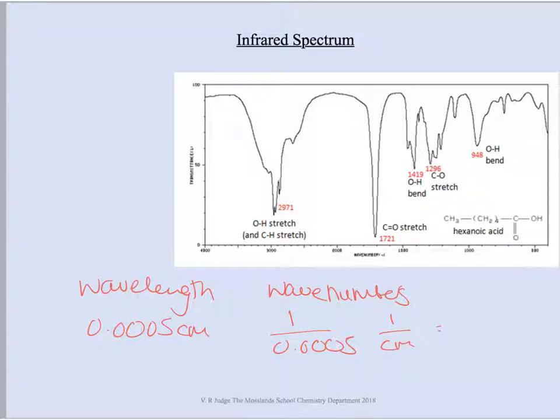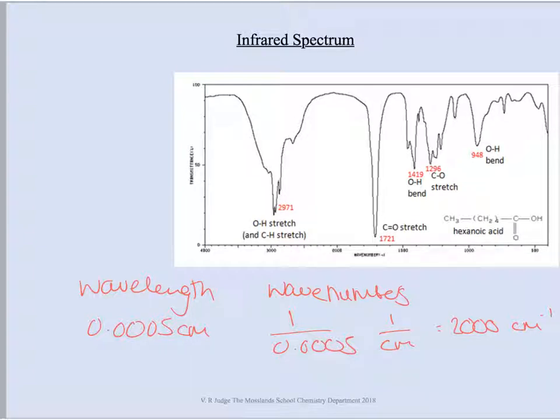So your answer would be 2000, and it would be centimetres to the -1, which is just another way of writing 1 over centimetres. So a wave of wavelength 0.0005 centimetres is going to come out somewhere around here at 2000 wave numbers on the spectrum.